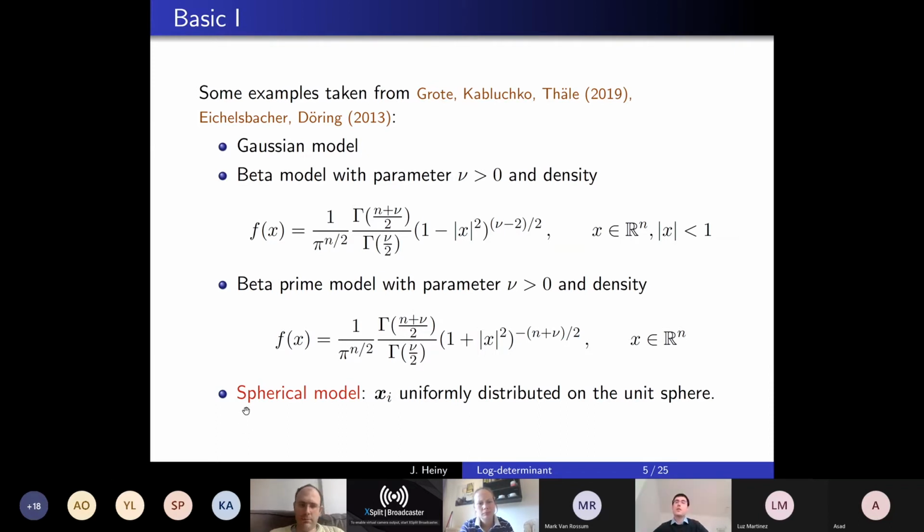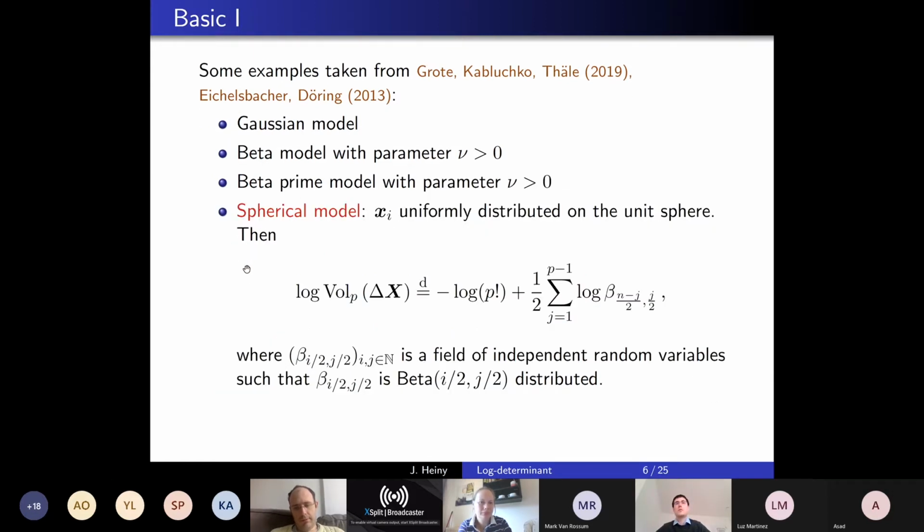And then the fourth one, the spherical model, where the xi's are uniformly distributed on the unit sphere. And the reason why I highlighted this one in red is that essentially all these four models are the same. And I will just give the argument for the spherical model, and then we will see how they are related when we are studying this p-volume.